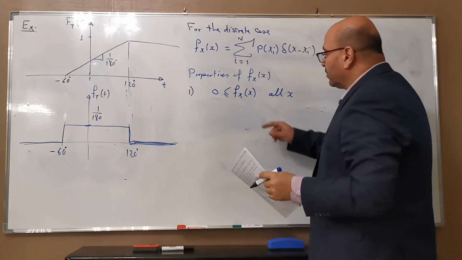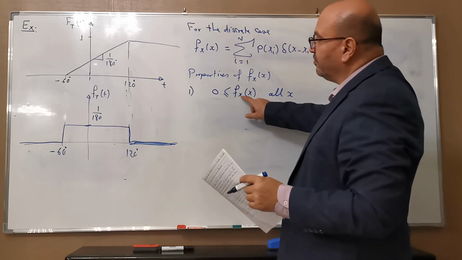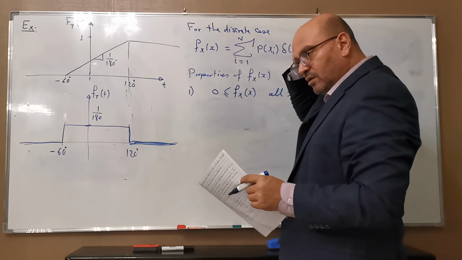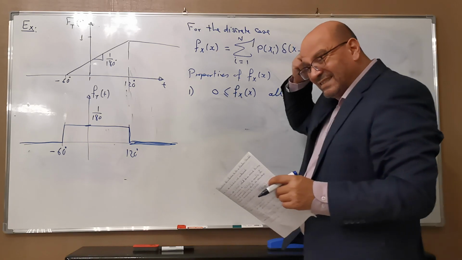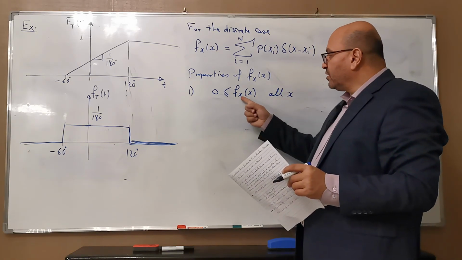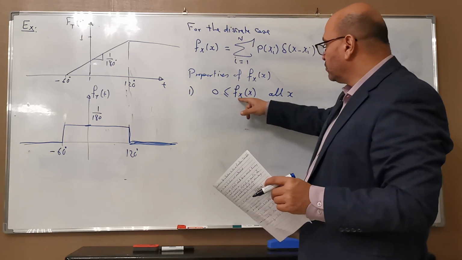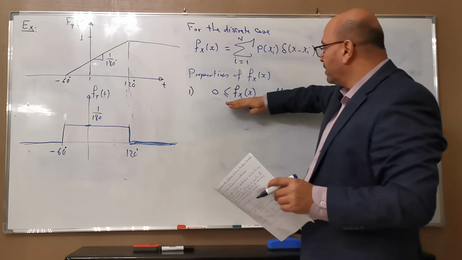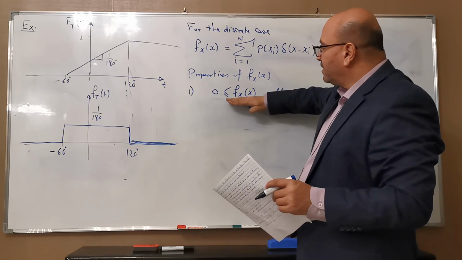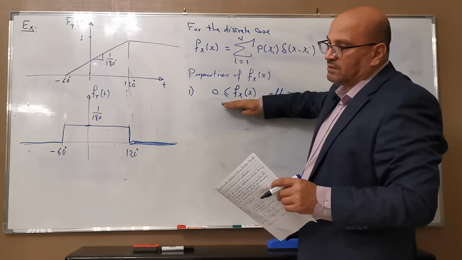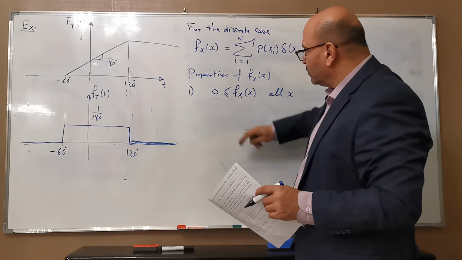And this is clear because fx of x is the derivative of the distribution function, and the distribution function is a non-decreasing function. So its slope is always either 0 or positive. So the slope of the distribution is the density.